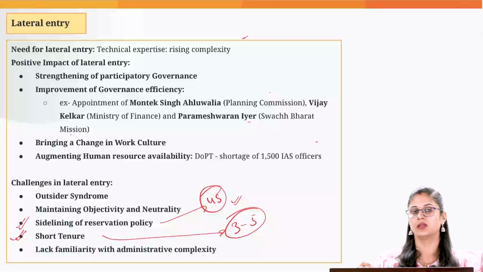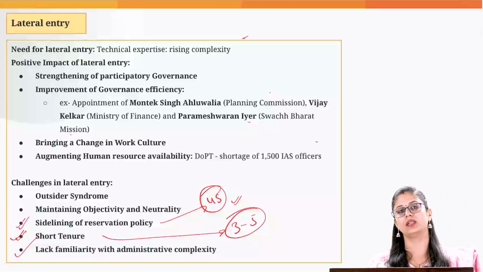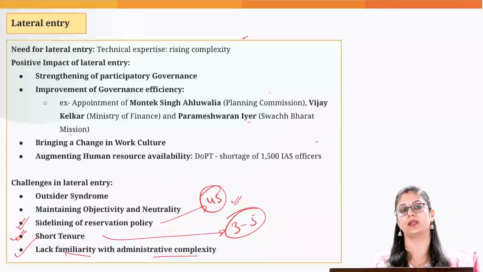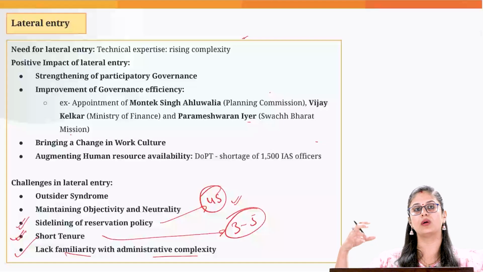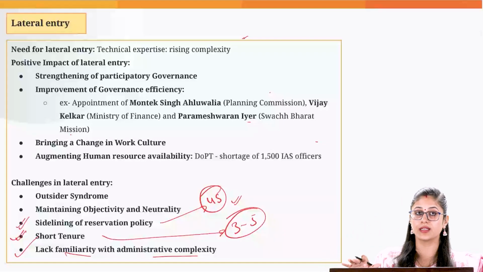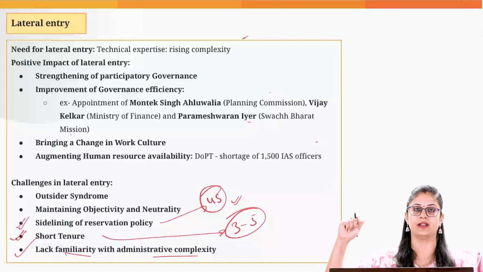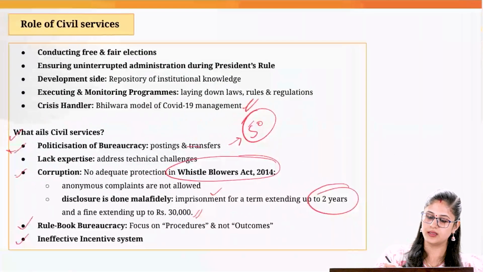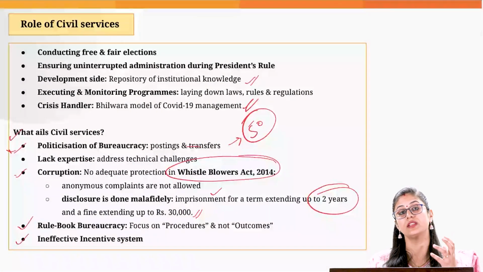When it comes to lateral entrants, they are not familiar with the administrative complexity. But the IAS officers, the career civil servants who have worked at the ground level and, after 10-15 years, become joint secretary, are very well versed with the ground realities, and that is why we said they are a repository of institutional knowledge.